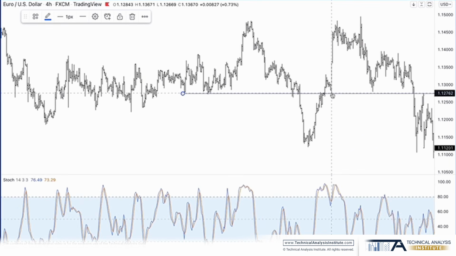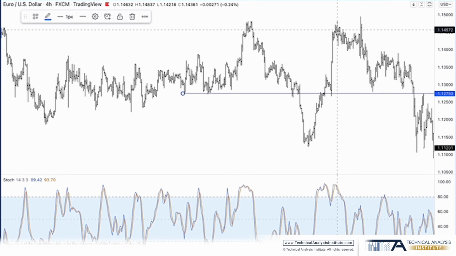Now with that in mind, it means that the crossing of the stochastic, wherever it may happen, will give us a valid buy signal, and that's exactly what happened here. Stochastic crosses and we get a buy signal again, so we buy again.